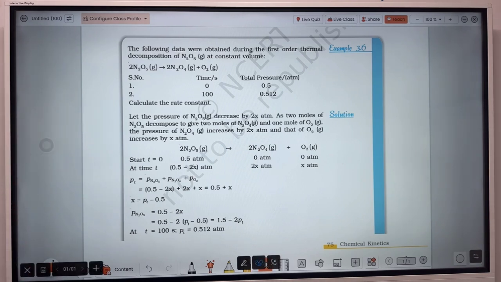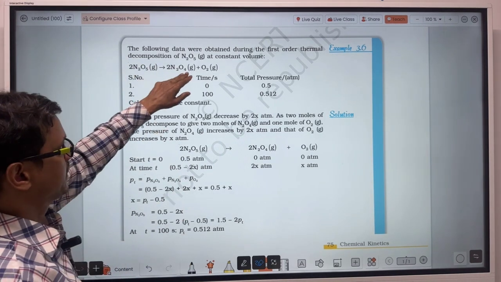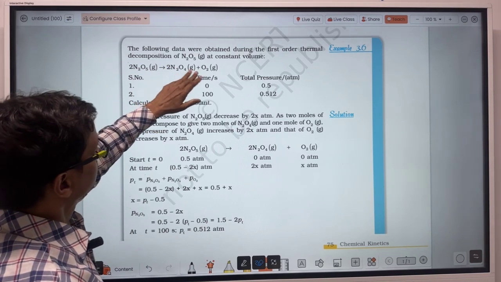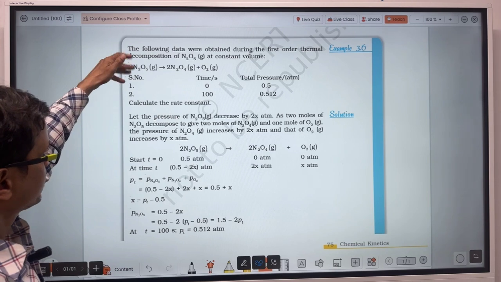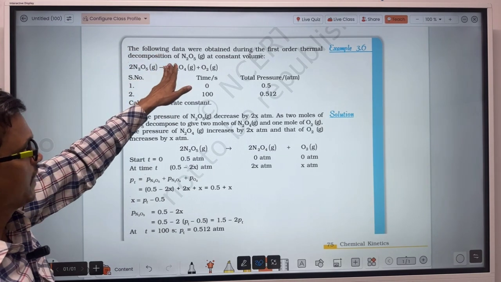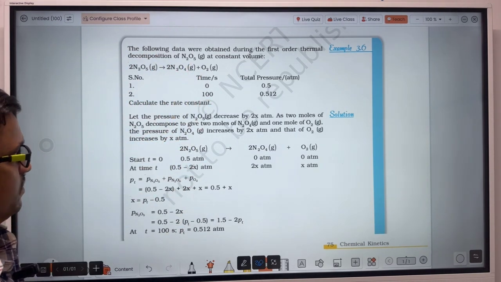The reaction is N2O5, nitrogen pentoxide, that is dissociating into nitrogen tetroxide and oxygen.